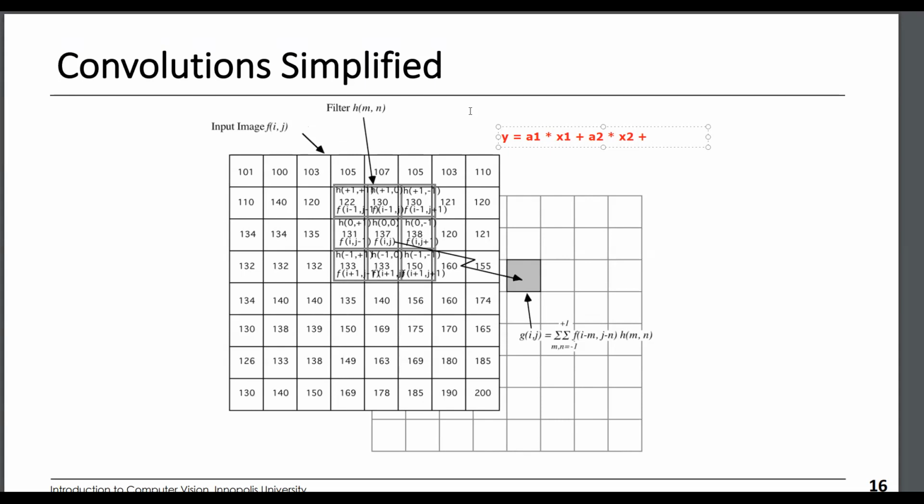So this is what's happening for linear regression, and this is exactly what is happening for our convolutional neural networks. The only difference is now that we are moving this kernel along the image in a certain way, right?